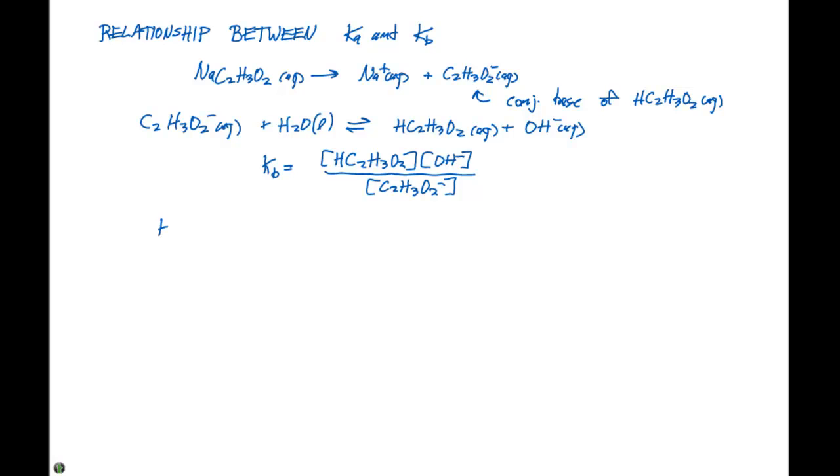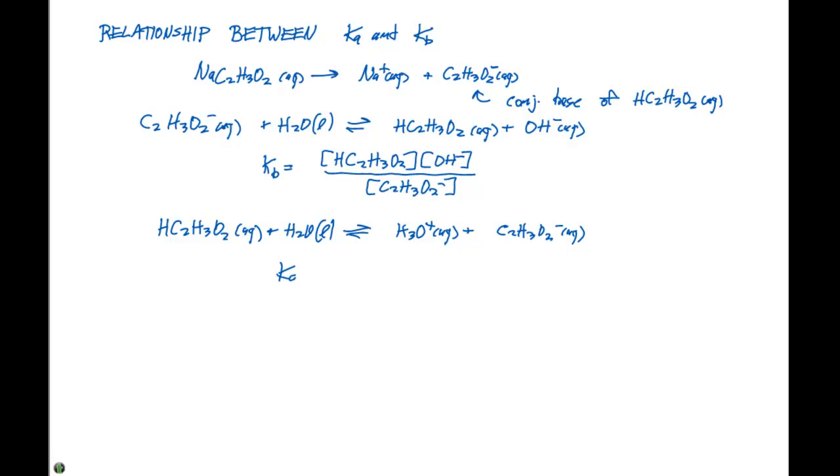Likewise, we can write a Ka expression for acetic acid. Acetic acid is HC2H3O2 plus H2O liquid in equilibrium with H3O+ and C2H3O2-.